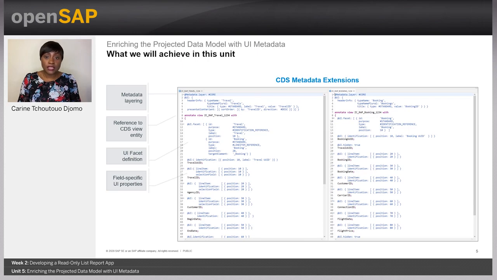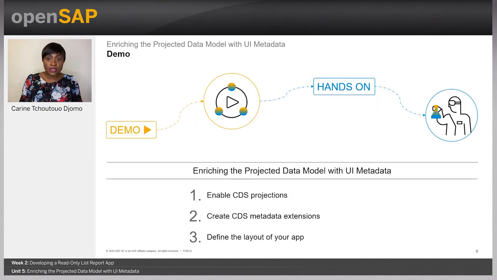Each metadata extension is assigned to a layer, such as core, partner, or customer. The layer determines the priority of the evaluation. Then we can see the name of the CDS entity that is being enriched and diverse view and field-specific UI annotations. Now let's go into the system and create the CDS metadata extensions to define the layout of our SAP Fiori Elements Travel app.